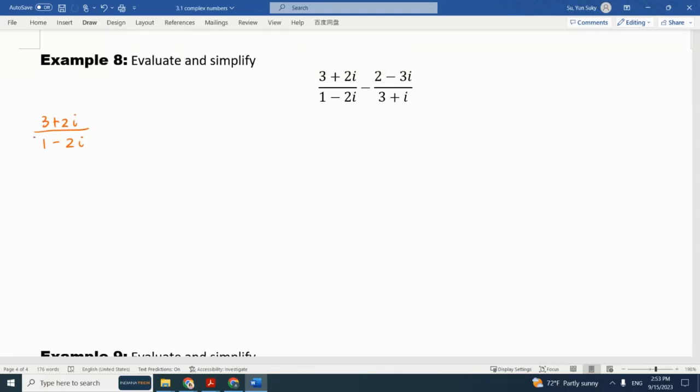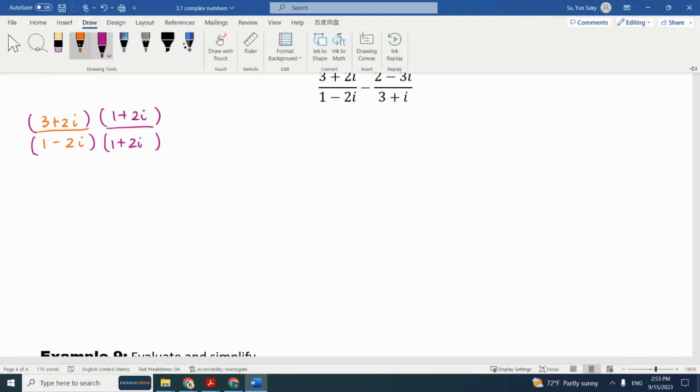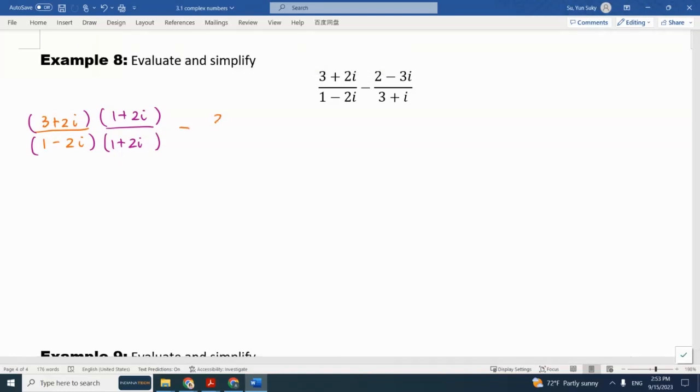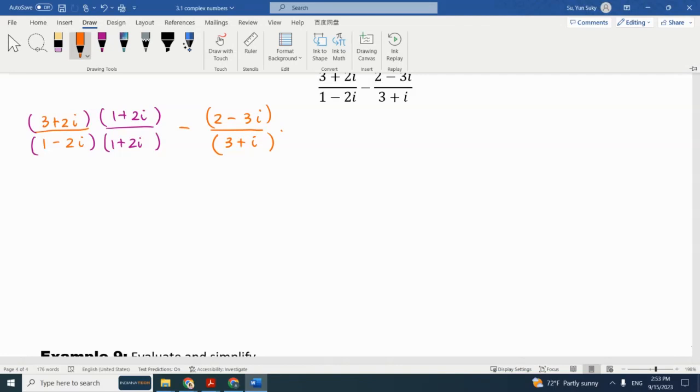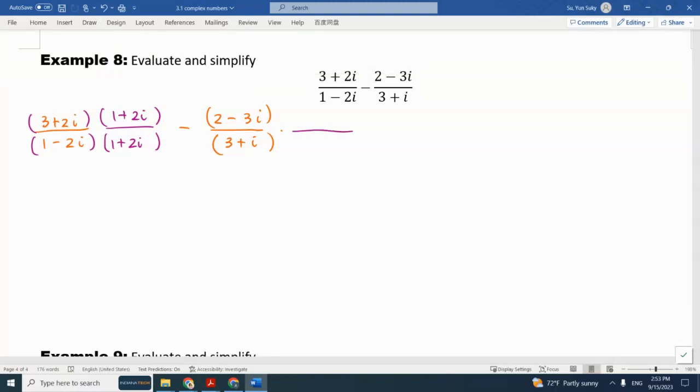Sarah, what do you multiply? Yes. Okay, that's the first fraction. Second fraction. Catherine, what do you multiply here?